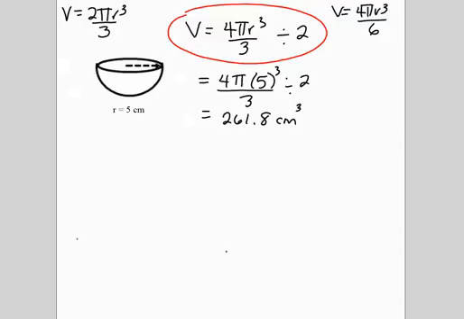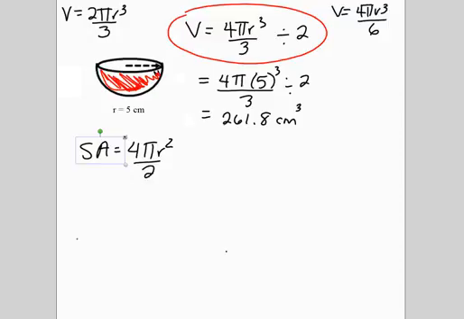Now, surface area is an interesting one for a hemisphere, because when you cut that, let's say it's a basketball, when you cut that basketball in half, you have the bowl part, so you have this part here, which I consider to be the bowl part. And that part will be 4 pi r squared divided by 2. That's the bowl part.